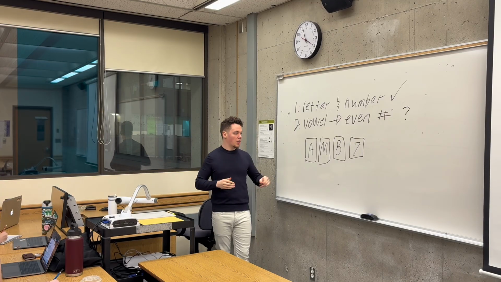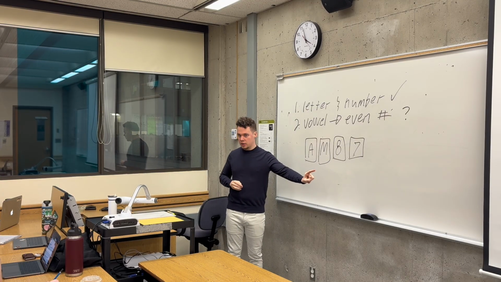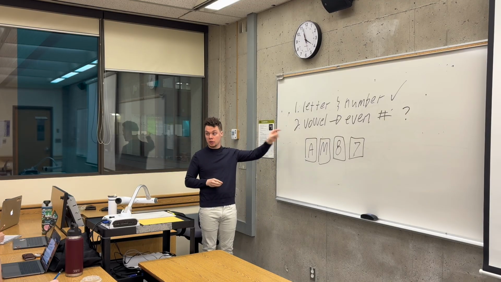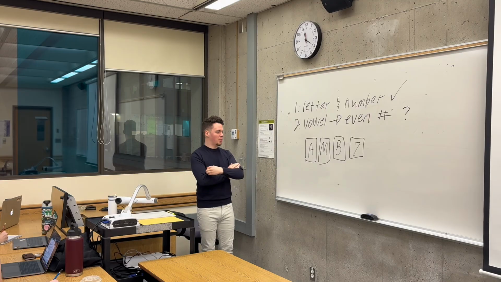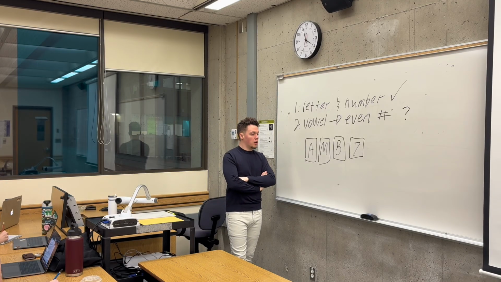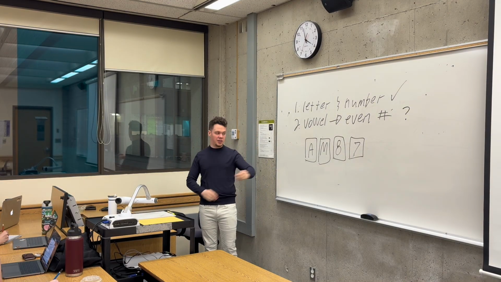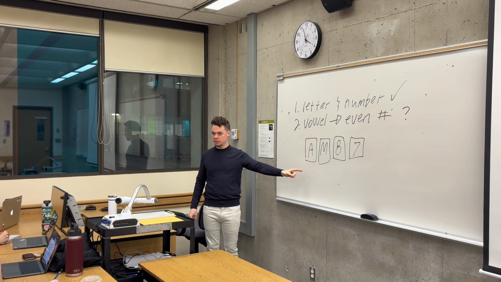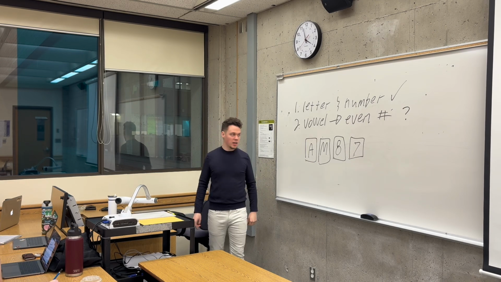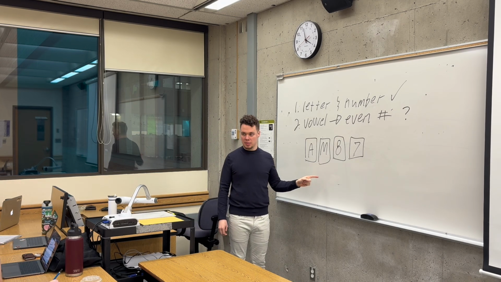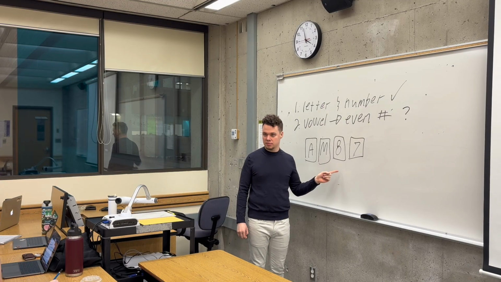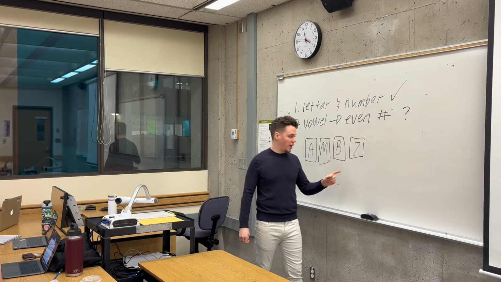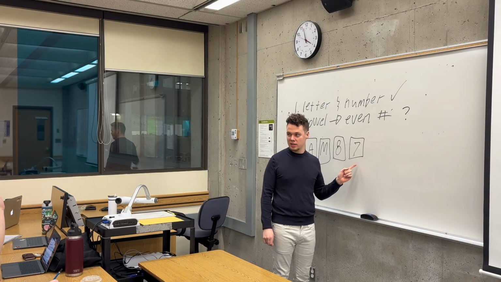The question is, which of these cards do we have to flip over to figure out whether number 2 is true? So take a look, form a judgment. Show of hands, who thinks we have to flip A? Okay. Show of hands, who thinks we have to flip M? Show of hands, who thinks we have to flip 8? Show of hands, who thinks we have to flip 7?